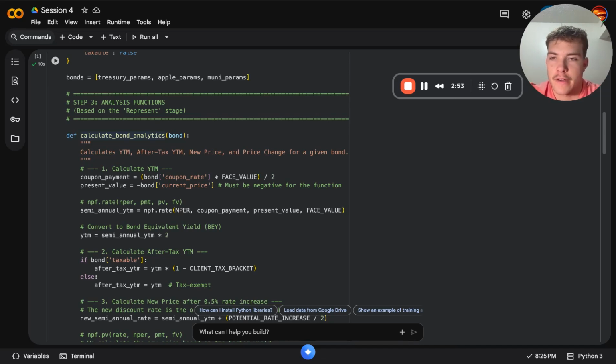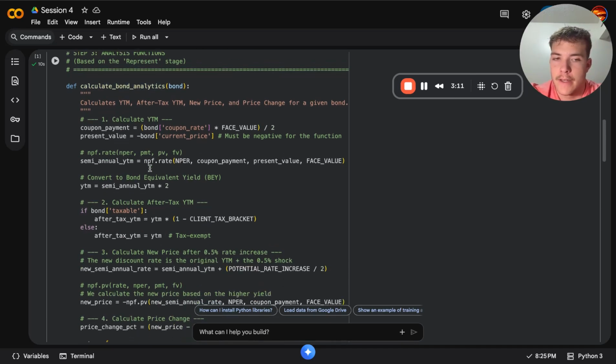We use the npf.pv function to calculate the new lower price of the bond after the 0.5% rate hike. And finally, we return the percentage price drop as our interest rate risk metric.